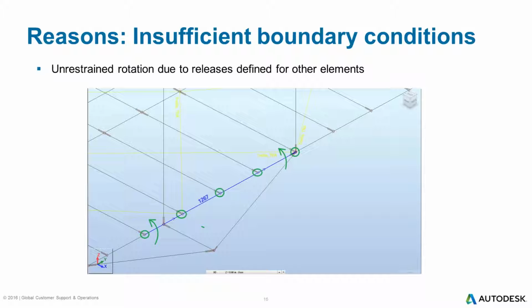The same situation may be caused when all adjoining elements have rotational releases defined, as shown on this slide. Releases defined for the other beams and columns cause the rotation of bar 1267 about its own axis.